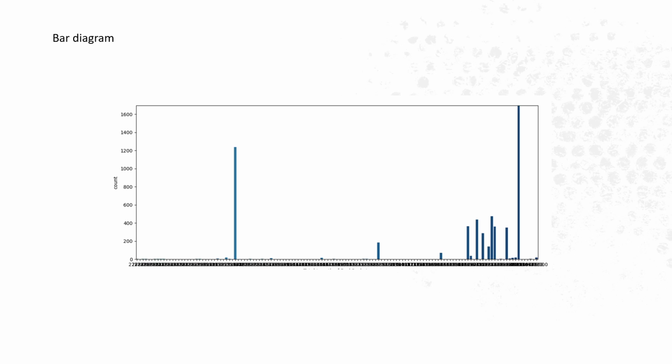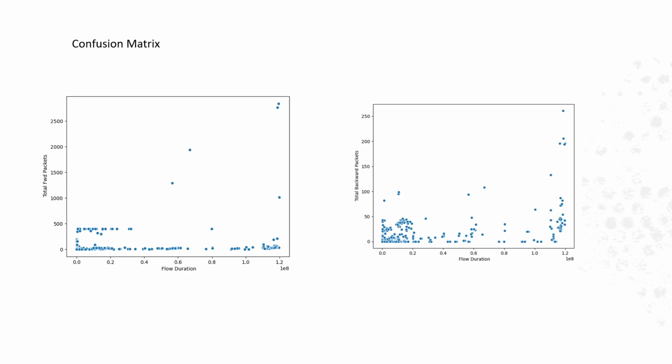This is a bar diagram of one of the attributes, like total length compared to time used to send these packets. As you can see, it has three local maximums, so the model result will be different depending on how we divide data with this attribute.